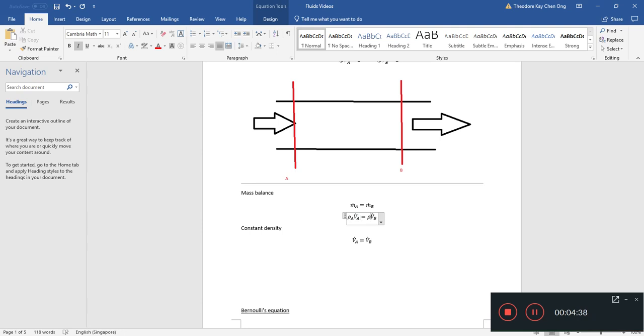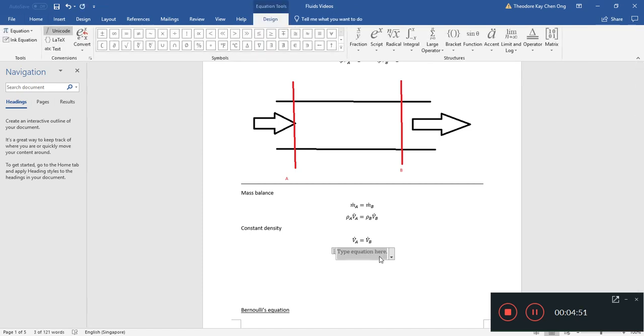But constant density means rho A equals rho B, then we get this. Now if we have an average velocity and cross-sectional area, we can write the volumetric flow rate like this.